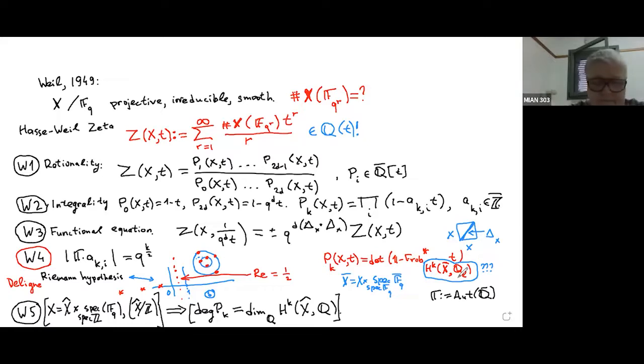So the task was just to invent these cohomologies.